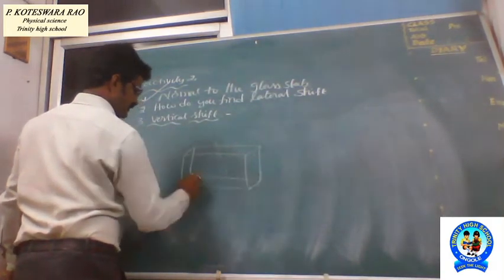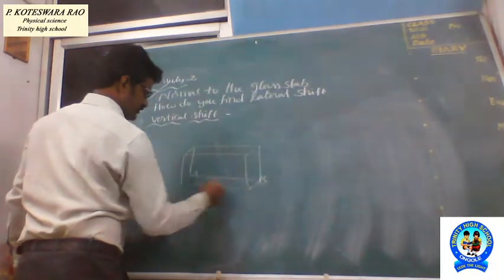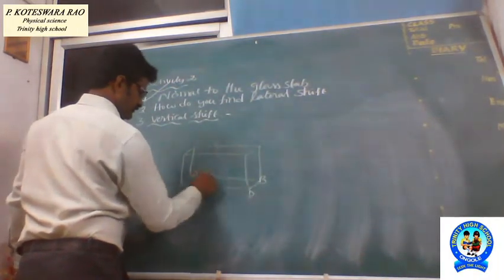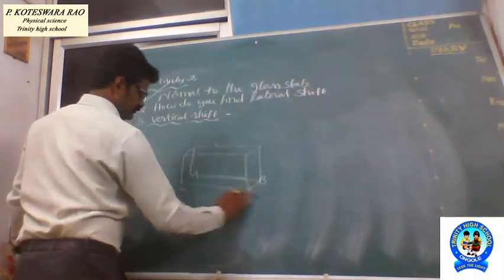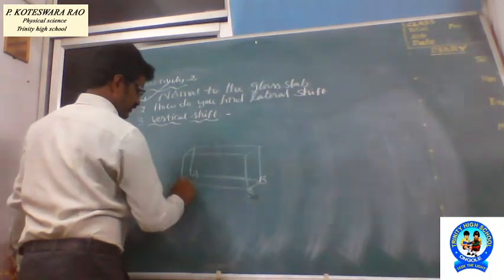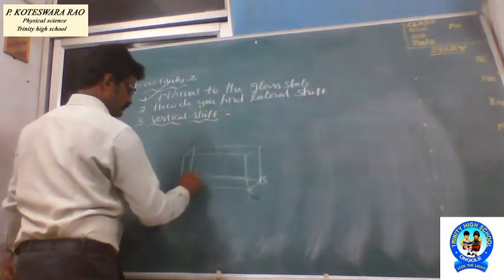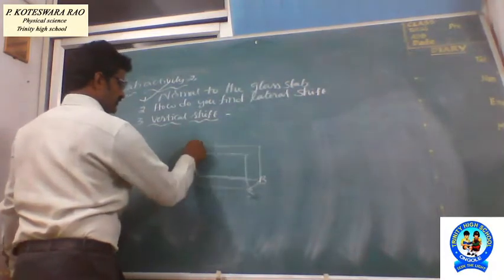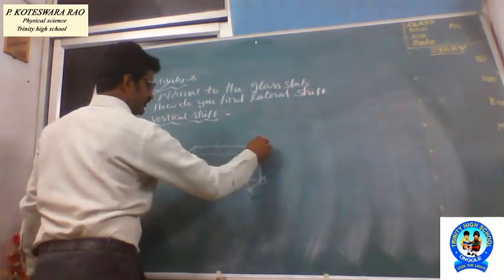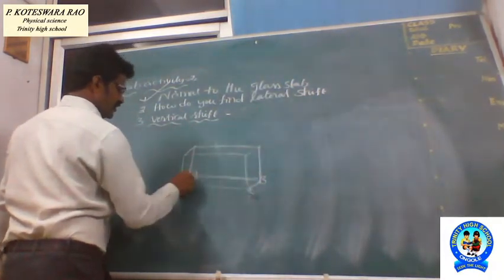Yes, this is A, B, C, D. So this is the glass slab which we placed here on that white chart.